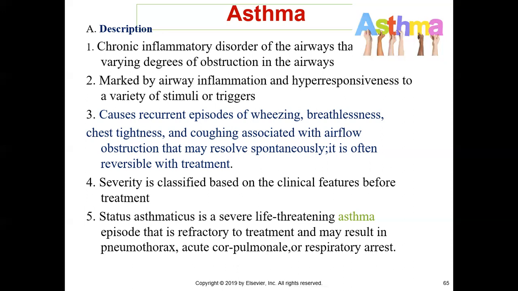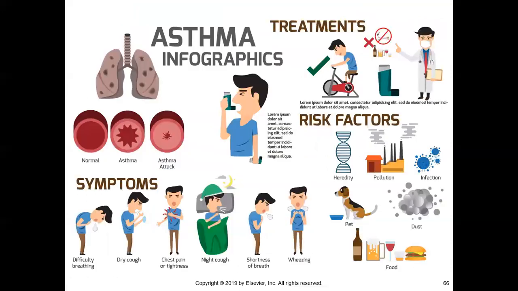Status asthmaticus is a severe life-threatening asthma episode that is refractory to treatment and may result in pneumothorax, acute cor pulmonale, or respiratory arrest. It leads to this if not treated well.